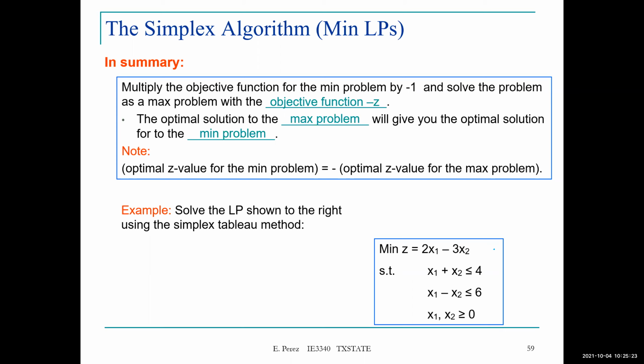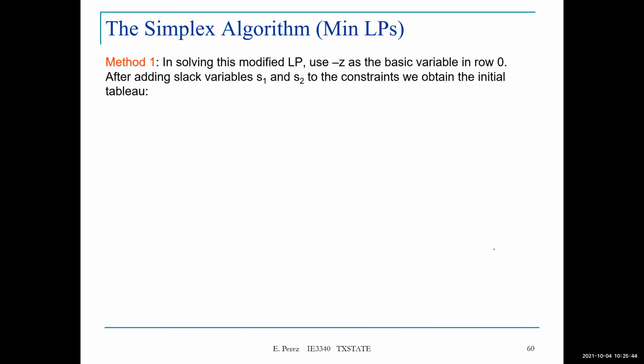As a note, you have to remember to multiply the value of the objective function at the end by minus 1. So for example, solve the LP shown to the right using the simplex tableau method. So we have the minimization problem, 2x1 minus 3x2, and these two constraints.